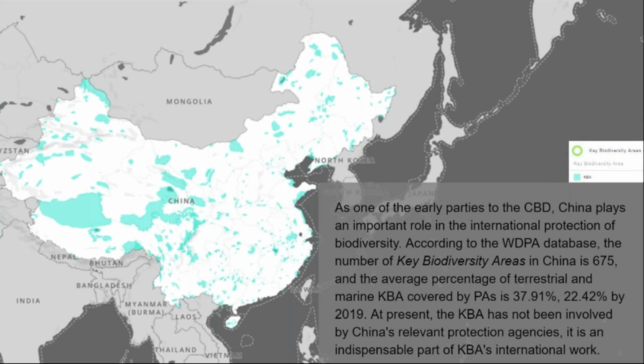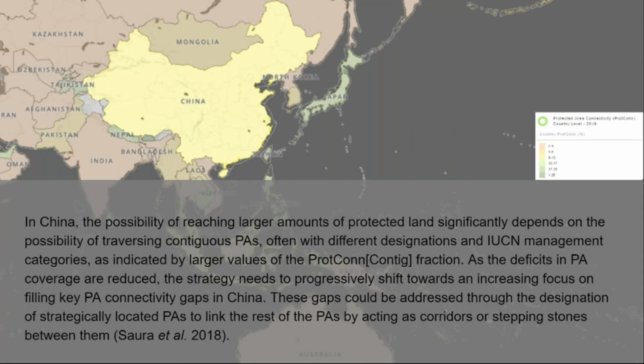Although the key biodiversity areas have not been adopted by China's relevant protection agencies at present, China is an indispensable part of the key biodiversity areas international work. Next slide, please.